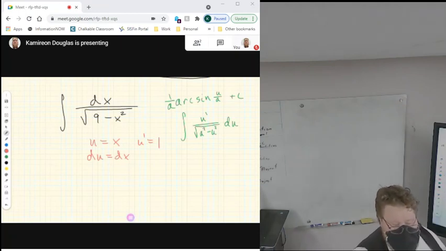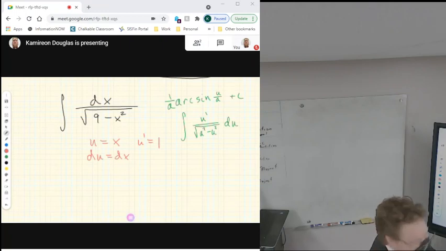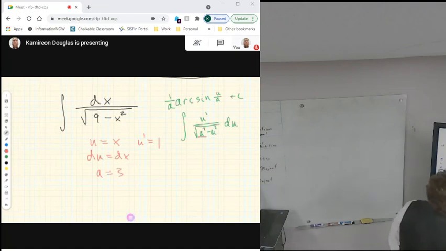Now, in the original formula it's a squared, so my a has to be 3. Then I just plug everything in. This integral is equal to 1 over a, so 1 over 3. Oh, it's not 1 over a for arcsine. It's just arcsine of u over a, while the arctangent is 1 over a.